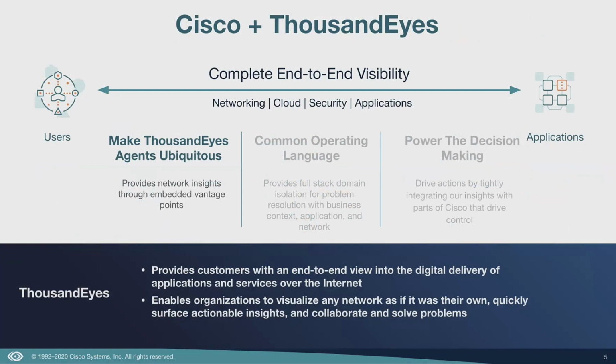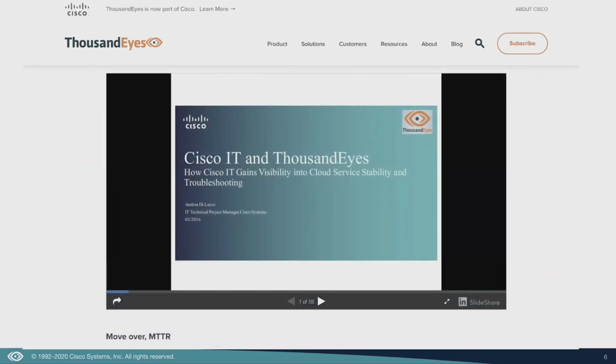I wanted to walk through the core pillars of our vision within Cisco. The first is how we make ThousandEyes agents as ubiquitous as possible across the corporate infrastructure environment. And I want to walk you through a story of how this evolves.